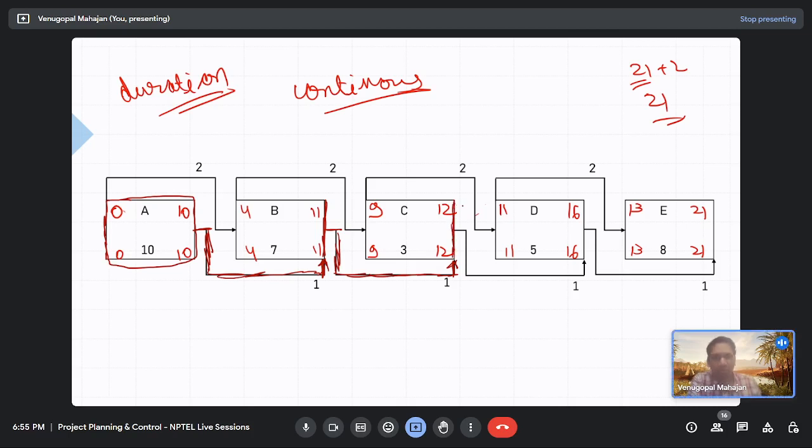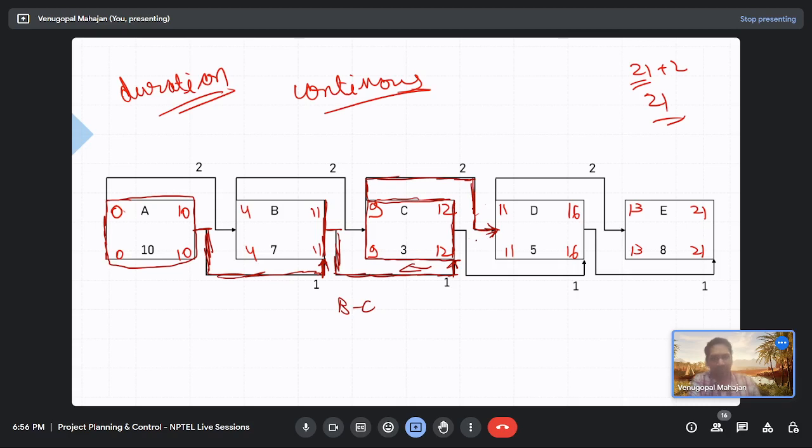But what about activity C? You see that activity C is completely critical, but in the reverse direction. The first relationship, B to C, is critical, and then activity C to D, this relationship is critical.